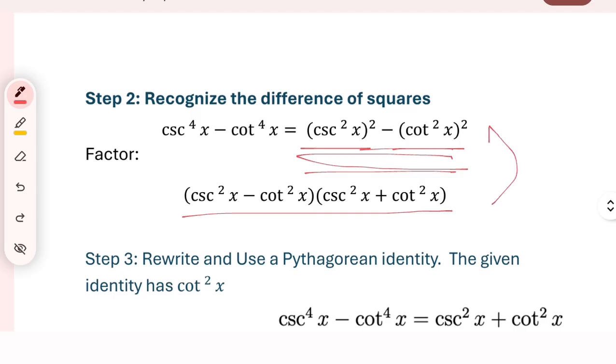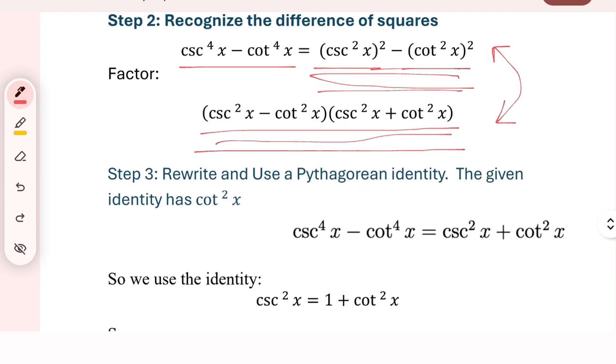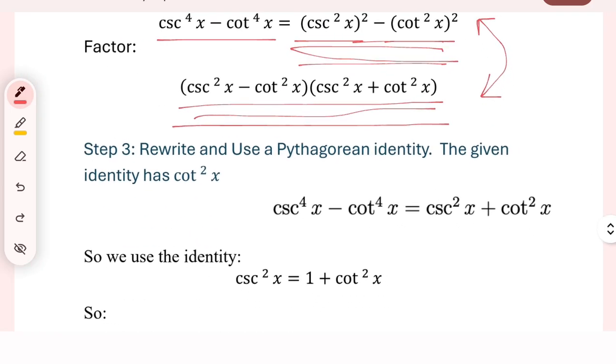These are just the same, right? Don't be confused. We're just rewriting it this way. So we have now rewritten the one that has the fourth power into something that has only squares. Now what will we do next? Now that we have this, what do we have to do next? Look at our identity again.